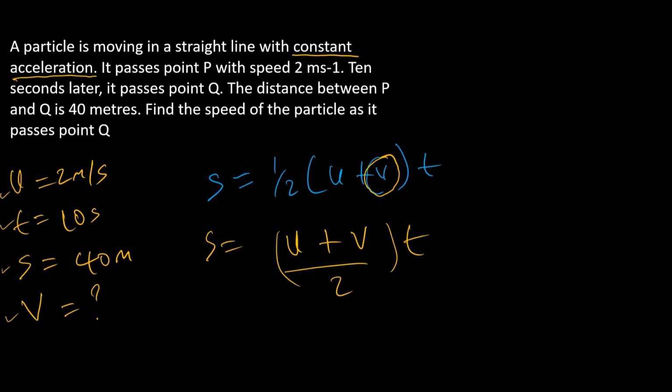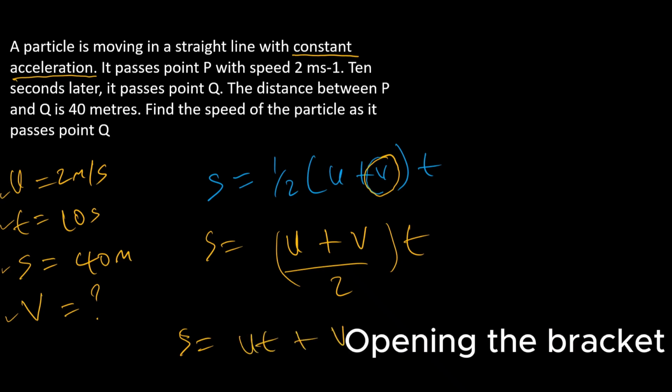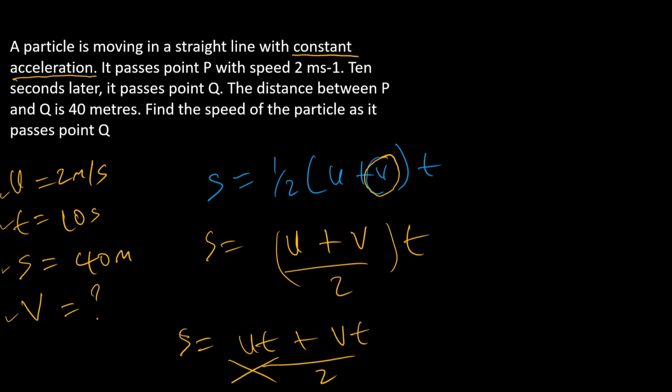So you have that S will be equal to ut plus vt divided by 2. If you cross multiply, you have 2s equal to ut plus vt, right? You're looking for v, so vt will be equal to 2s.